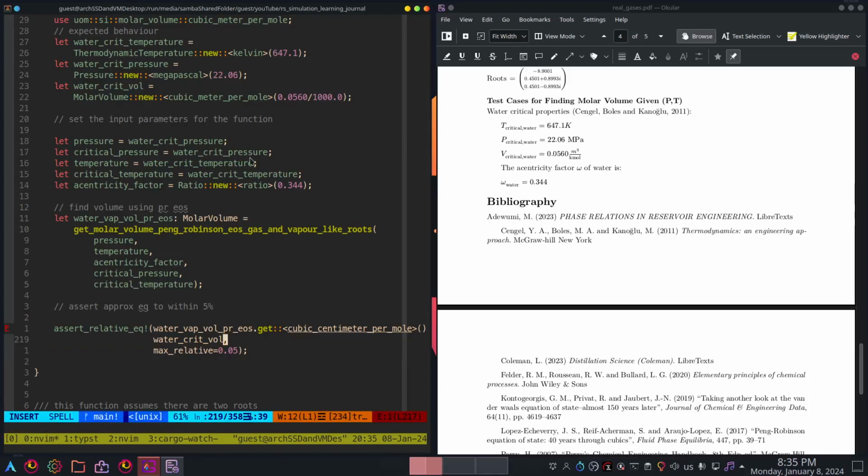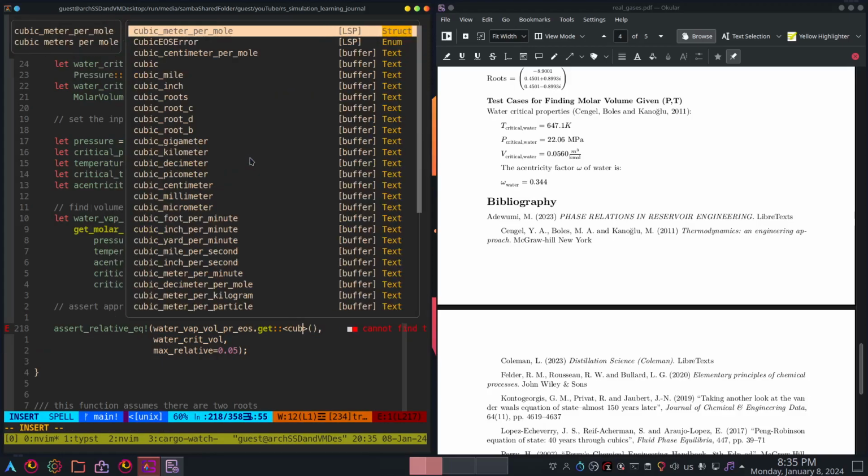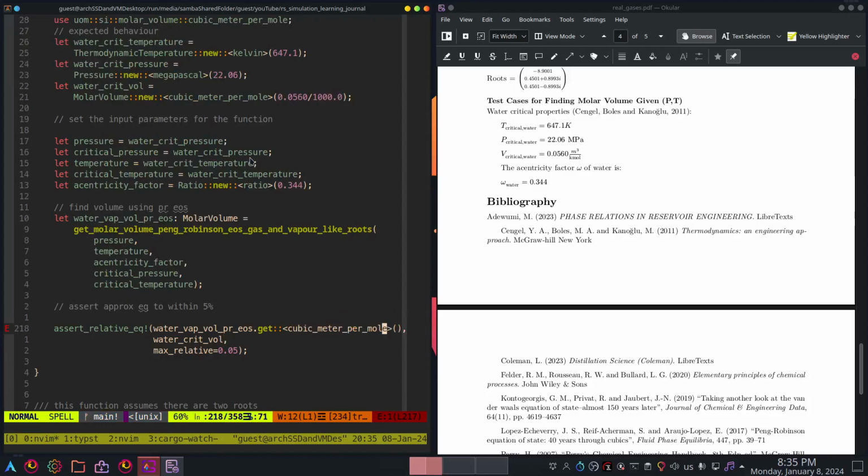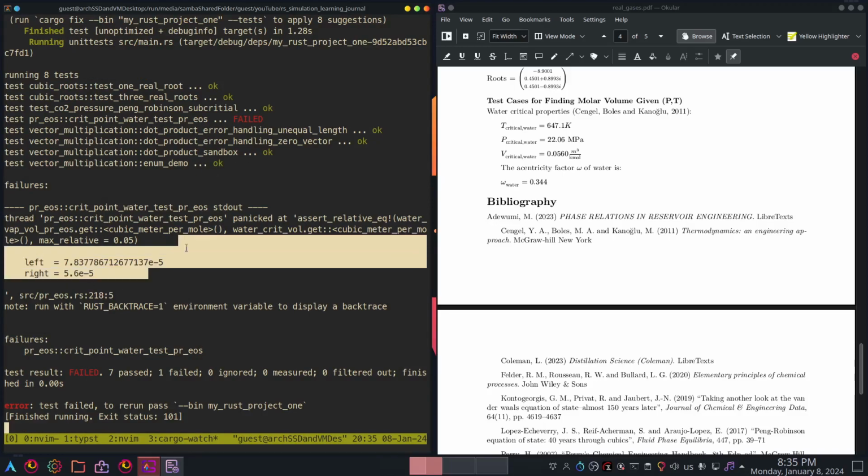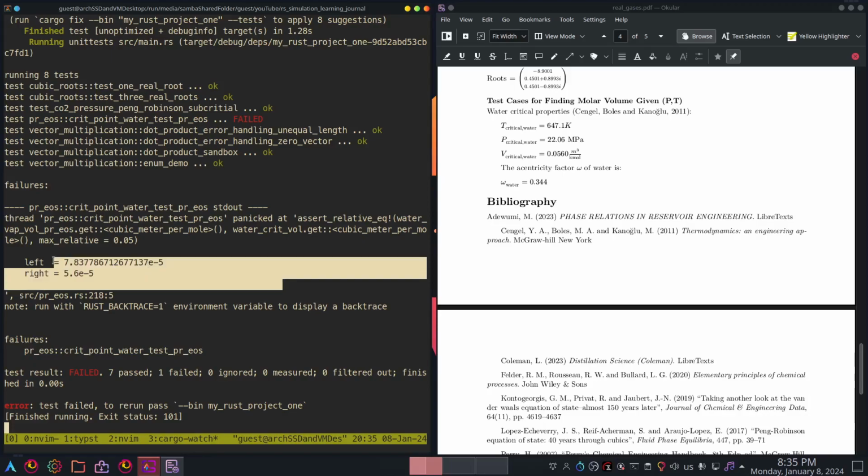Cubic meter per mole. And I'm going to copy and paste it here as well, and that should work. Okay, so now it says what? It failed. Looks like this is pretty far off.